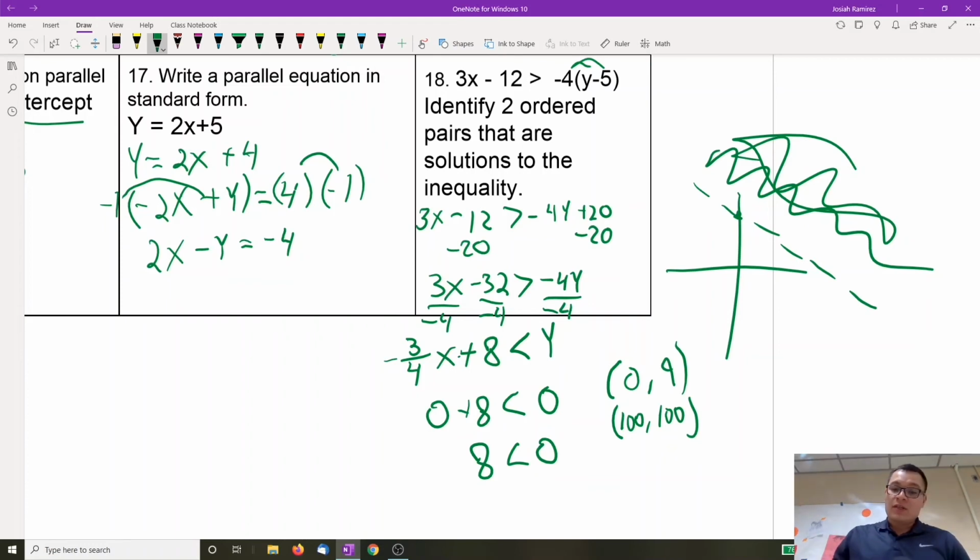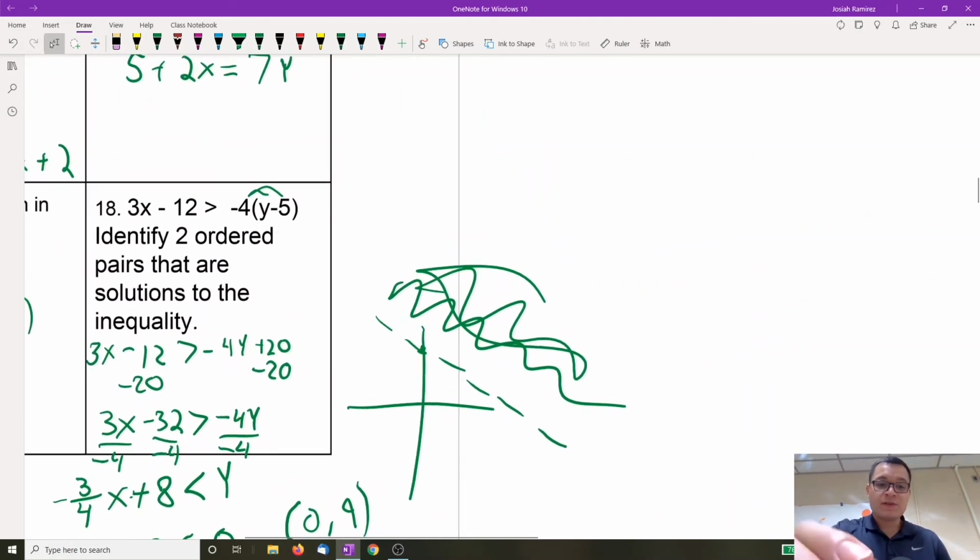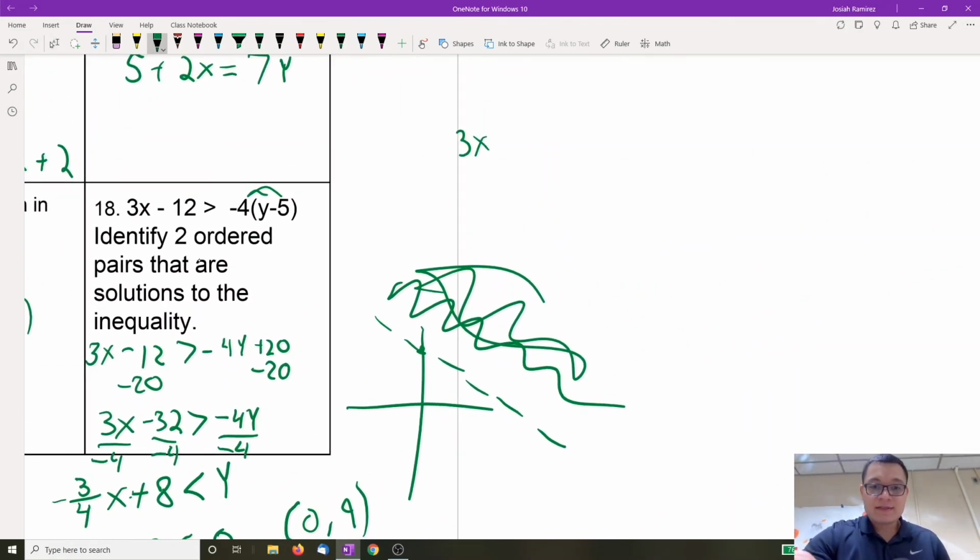If you want me to check it, let's check it. Let me write the original thing. 3x minus 12 greater than -4 times y minus 5. Let's put 0 for x. Let's put 9 for y.